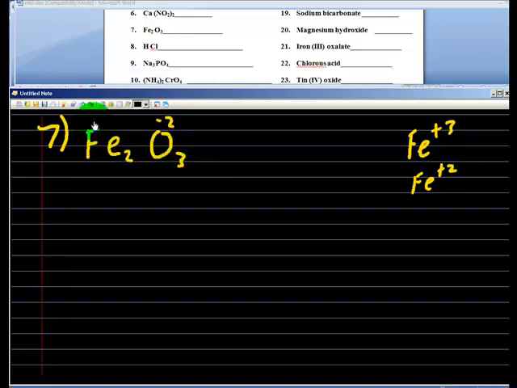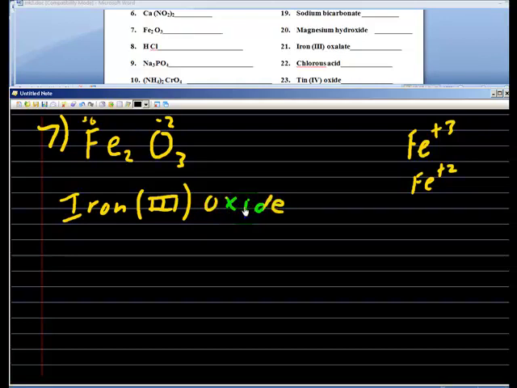Therefore, the iron has to be a +6. But there's 2 of them. That means each iron has to be a +3. So this situation is going to be the +3 state. So then you would name it iron, parentheses, 3, oxide.